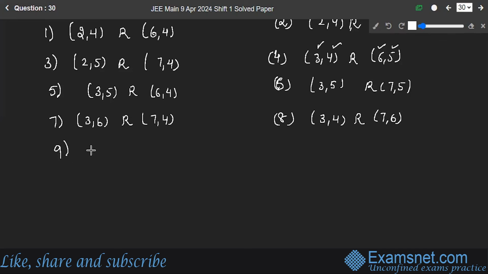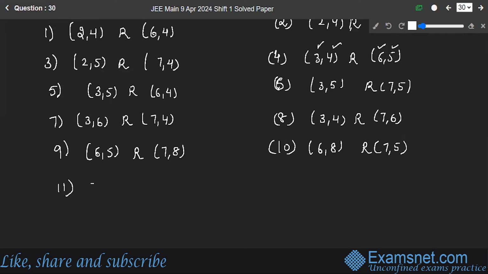And ninth, (6, 5), (7, 8). Then have (6, 8) and (7, 5). Then you have eleventh, (7, 8), (7, 6), (6, 8) and (6, 4).